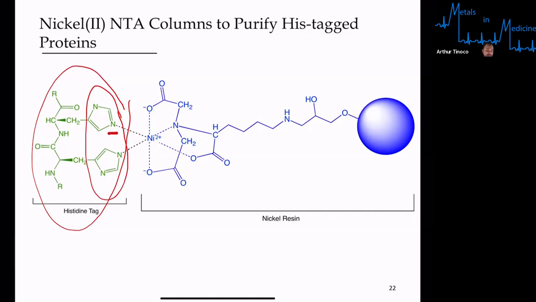Because you have the nitrogen that has that capability. So you need at least two adjacent histidines to interact with nickel using those 2 coordination sites. And the use of 6 histidines has been observed to be optimal in terms of getting the histidine to bind to the nickel. So you'll commonly see a histidine tag with 6 histidines, not just 2.